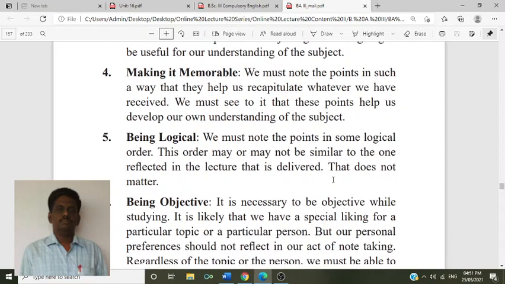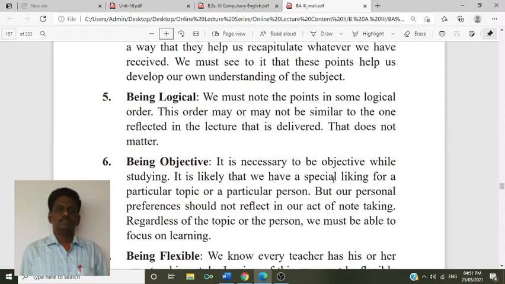Then being logical, we must note the points in some logical order. So there should be logic in your note taking. We should not write each and every word that is spoken by the speaker, but we should be logical in note taking. We should take the notes which are important, and there should be a specific logical order in it.